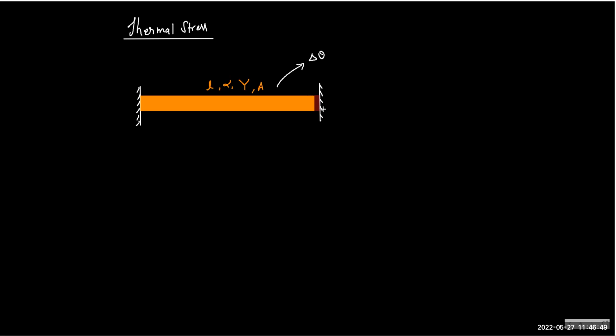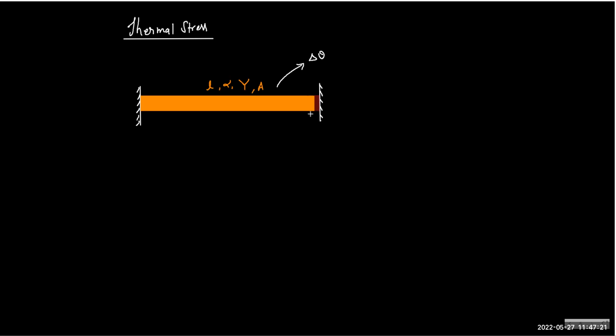So again, once you try to cool it down, what will happen? The rod will try to contract, because now it's welded together. It will not be able to go there. So it will try to go back, but it is now welded, and therefore it is in a state of deformation because it is not in its natural length.